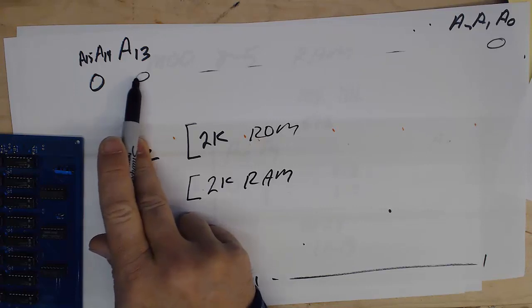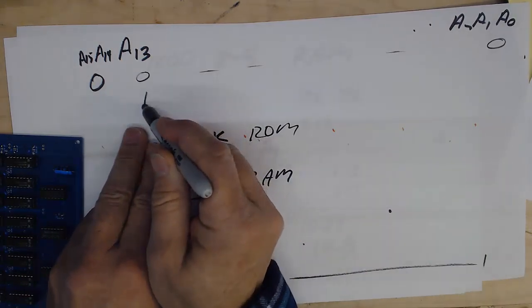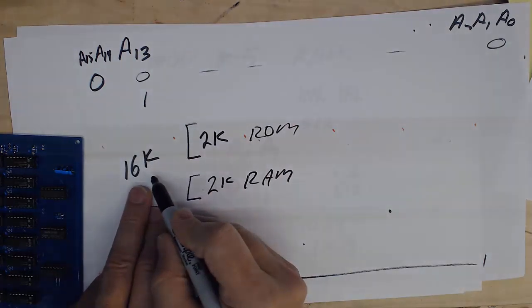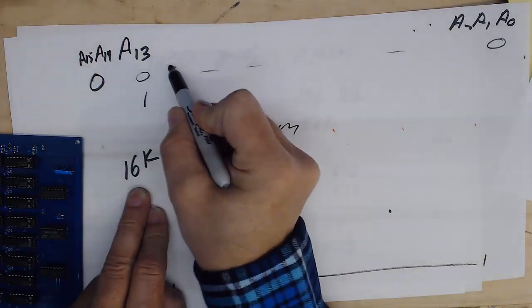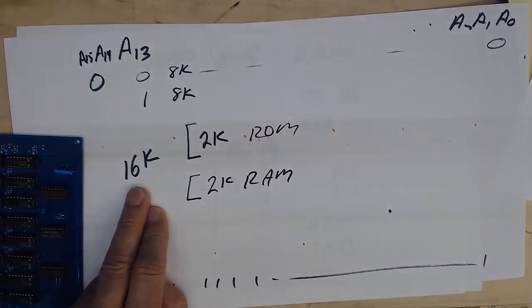So if A13 is low, that is half of our address, and if A13 is high, that's the other half. So basically, we've got a 16K address. A13 being low is 8K, and A13 being high is another 8K.